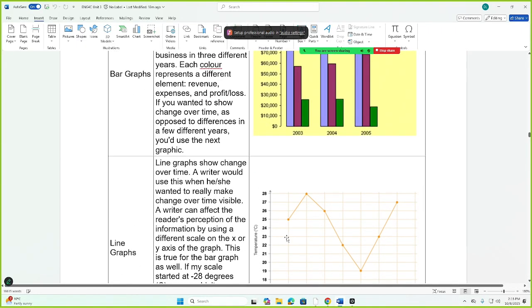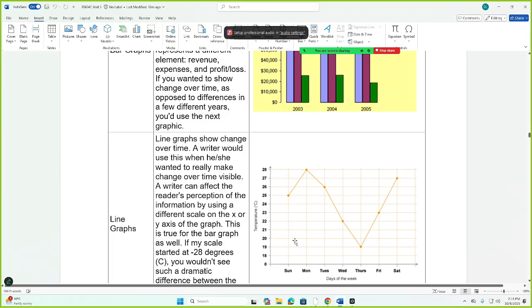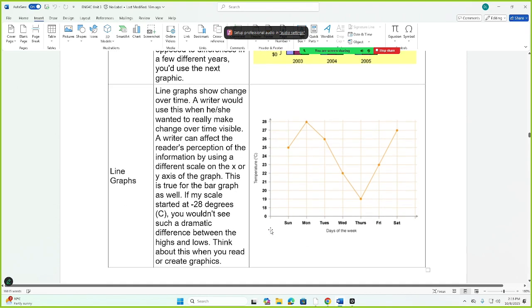So what's the next graph do then? Line graphs show change over time. A writer would use this when he or she wants to really make change over time visible. A writer can affect the reader's perception of the information by using a different scale on the x or y axis of the graph.